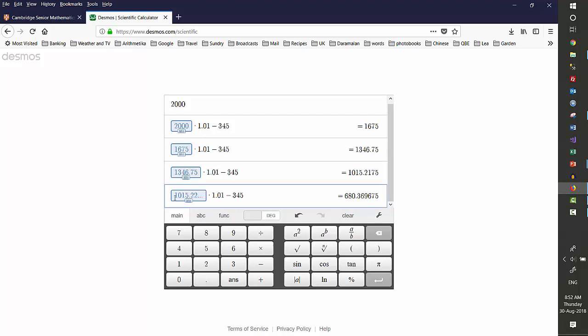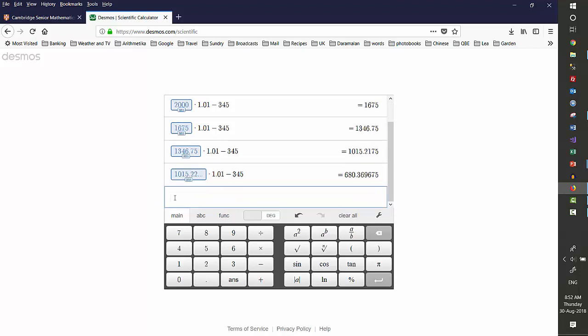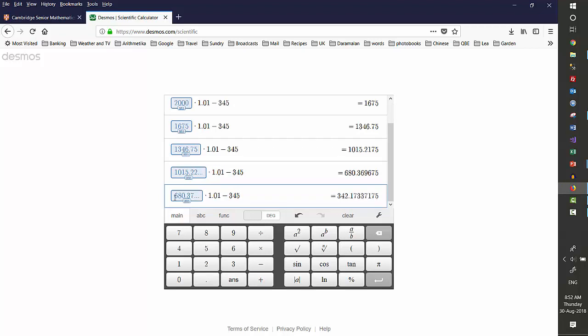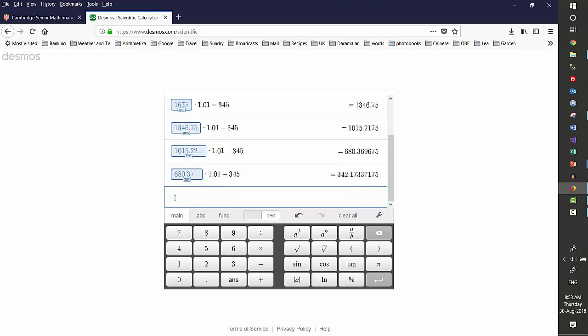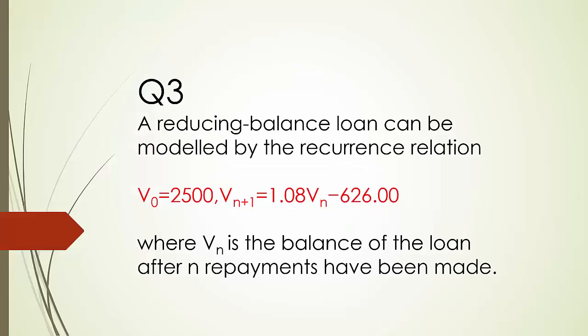Do it again. $680 left owing. Once more. And you'll see that we now only owe $342. It's never going to work out exactly, but the final payment will be $342.17 if the bank is tight. And that's how you do question 1. You can do question 2 later on.